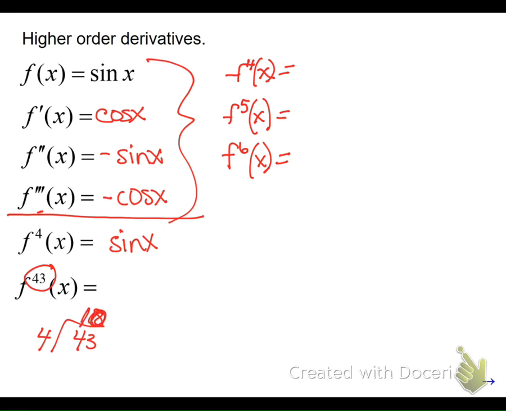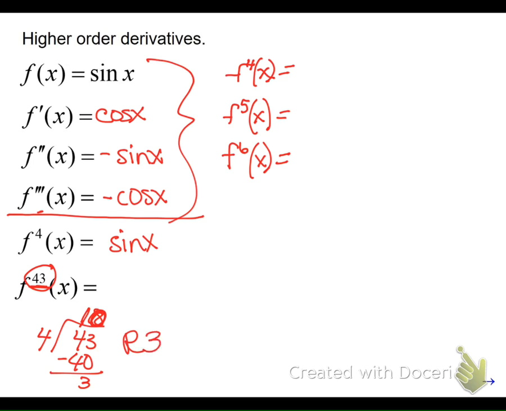So that's 40, and there's a remainder of 3. You visualize the 40 first, because 40 can be divided by 4. The remainder of 3 is the key.